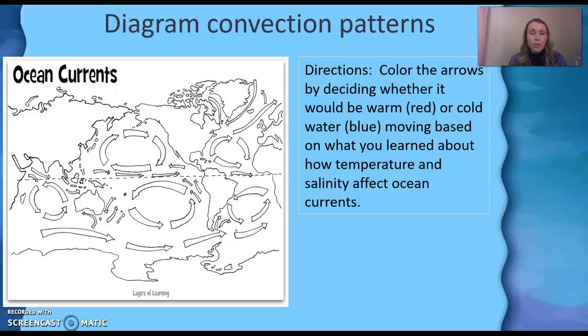And then, of course, I want you to color the continents green, and then the ocean water blue. Make it look nice, but try to figure out, and it's okay if you mess up, because we're going to talk about it next time we're in class and see where the warmer water would be, whether you think it would be at the equator or whether it would be closer to the poles. If you paid attention to the PowerPoint, you should know the answer to that, okay? We're going to see about that.